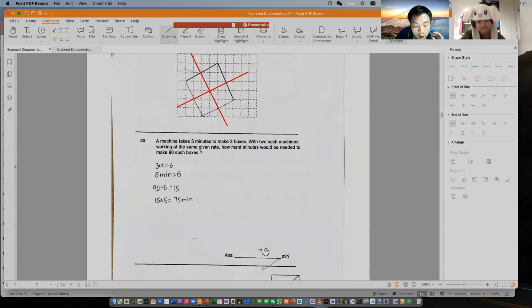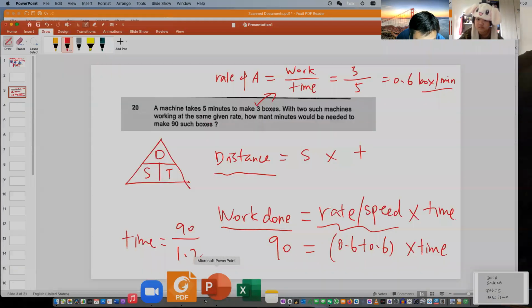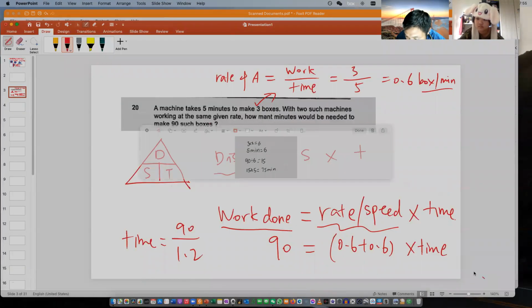So that's why I want to emphasize to you. Let's compare your idea to my idea. Let me crop this out and put it side by side and we compare.